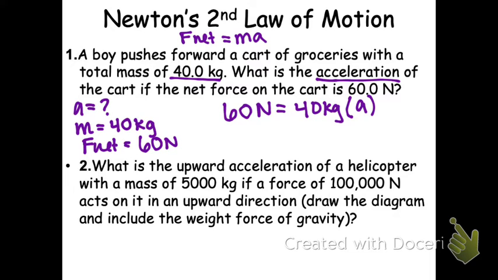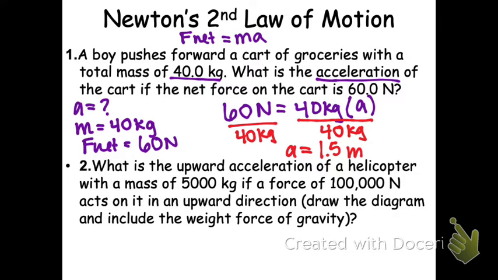So if I want to get A by itself, I'm going to divide over my 40 kilograms, divide over my 40 kilograms, and I will get A equals this. You'd think I could do that in my head. 1.5? Yes. 6 over 4 is the same as 1.5. Good. And so that gives me an acceleration of 1.5.